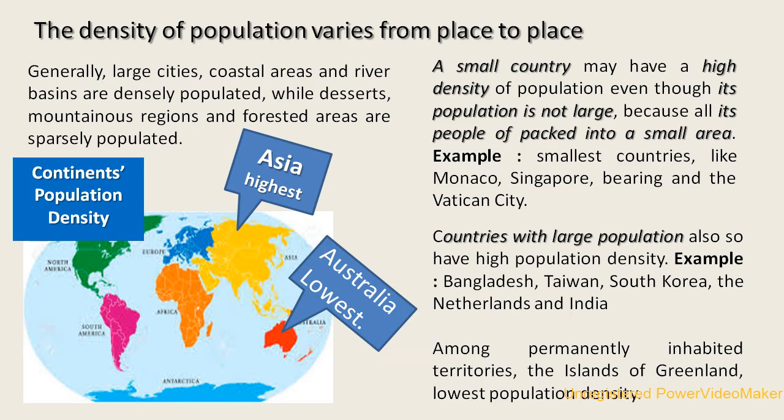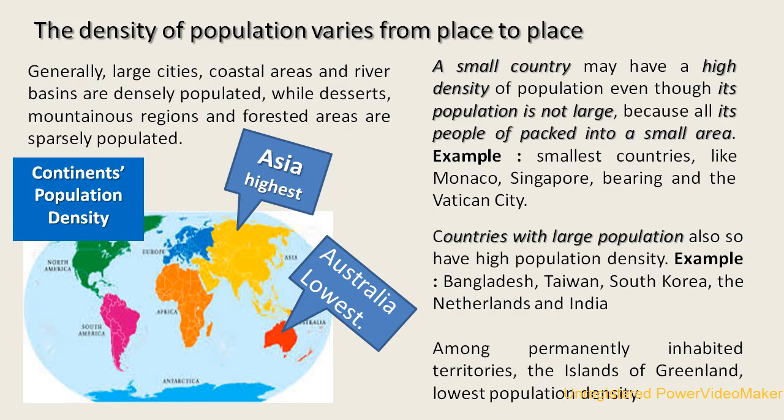Some countries do not have much land. Compared to other countries, they have a small land area, but the number of people living in that country may be high. A small country may have a higher density of population even though its population is not large, because all its people are packed into a small area.